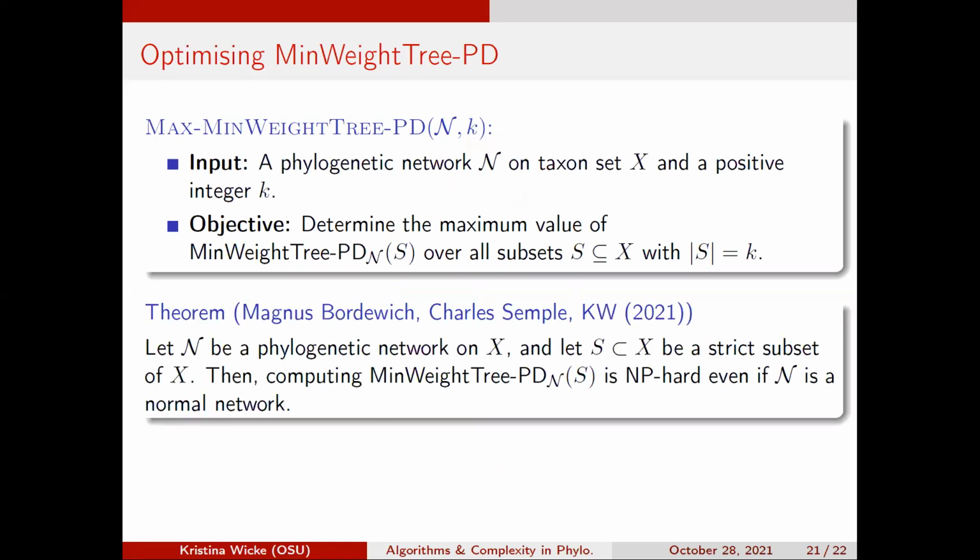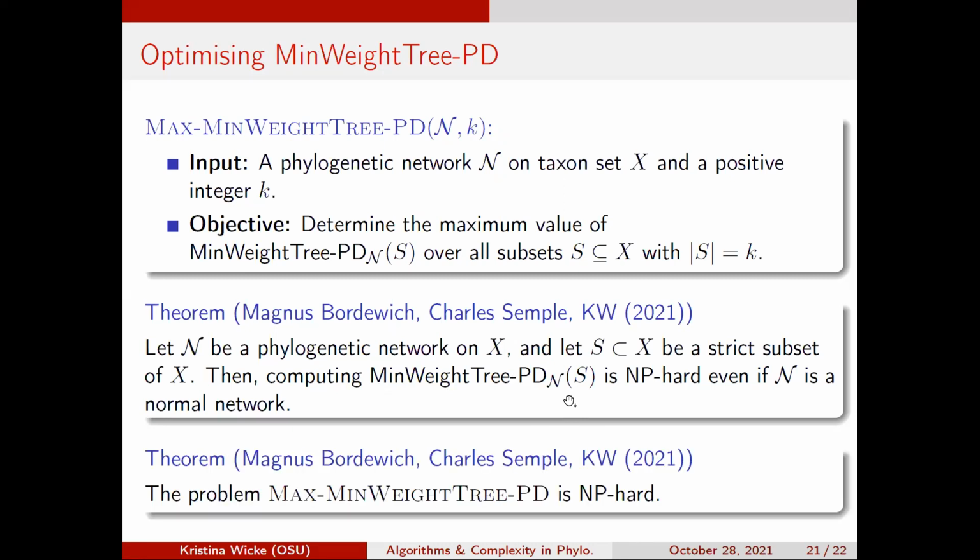And in particular, we could show that even suppose we have a phylogenetic network N on X and we fix a subset S of the leaves, then even computing the min weight tree PD score for this subset of the leaves is NP hard, even if the network is normal. And so this is for a fixed set, and thus we can show that the optimization problem where we try to determine this value over all possible sets is NP-hard as well.